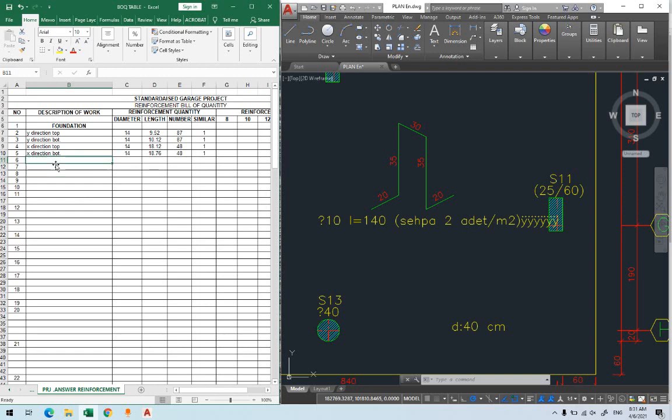Now we have the chair. I can write chair here. The diameter of it is 10 millimeter. The length of it is 140, which will be 1.4 meter. Now how many of them do I have? Similarly, I only have one foundation here. Remember, this is for the foundation. Then the number says 2 per 1 meter square.